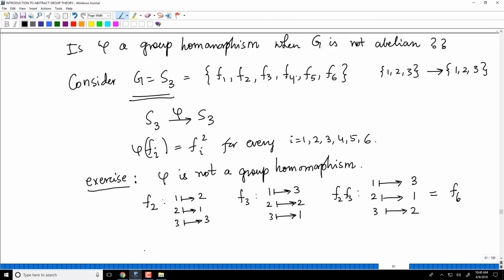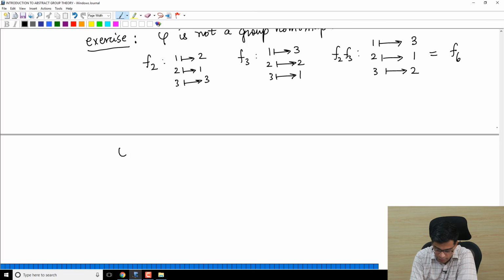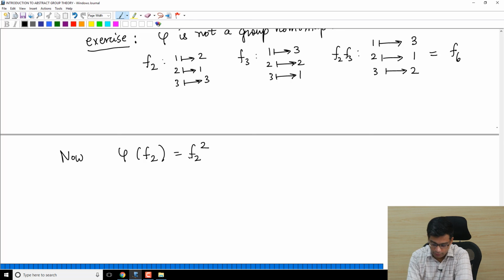Now if this is a group homomorphism, where does f2 go under phi? It goes to f2 squared. We checked that f2 is an order 2 element when we discussed orders of elements of a group. So f2 squared is f1.